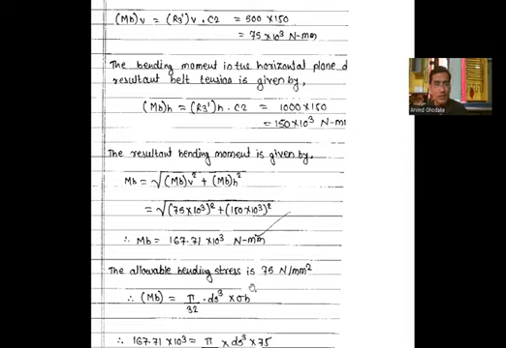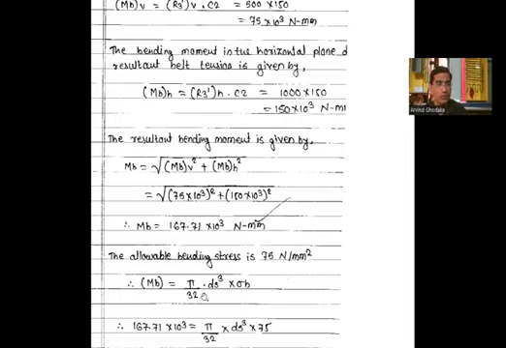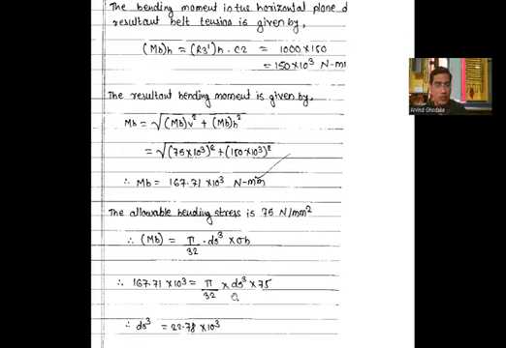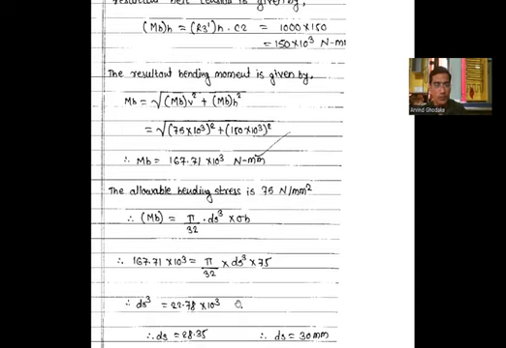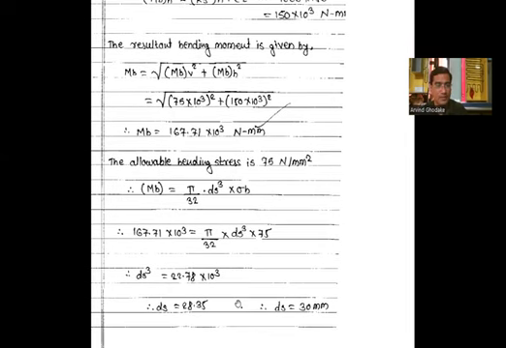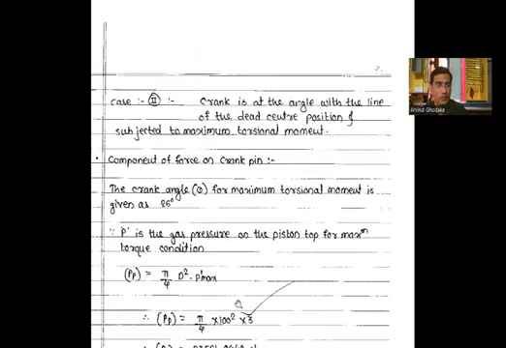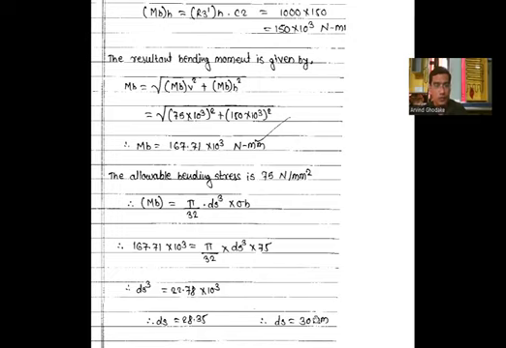The allowable bending stress is 75 Newton per mm square. The resultant bending moment is equal to pi by 32 into ds cube into sigma b. So ds cube is equal to 27.78 into 10 raised to 3. Therefore, ds is equal to 28.35. So we assume ds as 30 mm in case number 1.